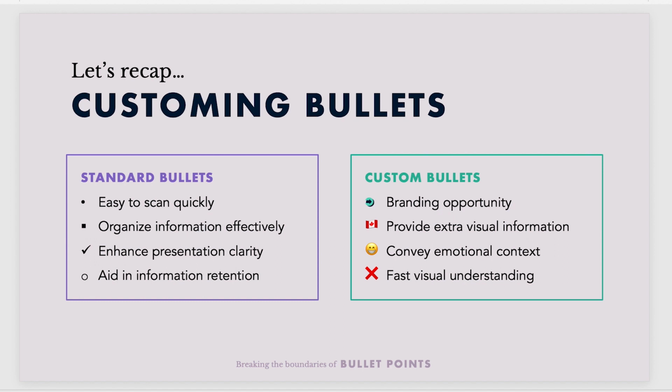We've now talked about several different ways of maximizing the use of bullets within your presentation. So let's review what we've learned. PowerPoint has a variety of standard built-in bullet points whose size and color can be changed. It also has the ability to use custom and specialty bullets like emojis, flags, or even customized uploaded images.